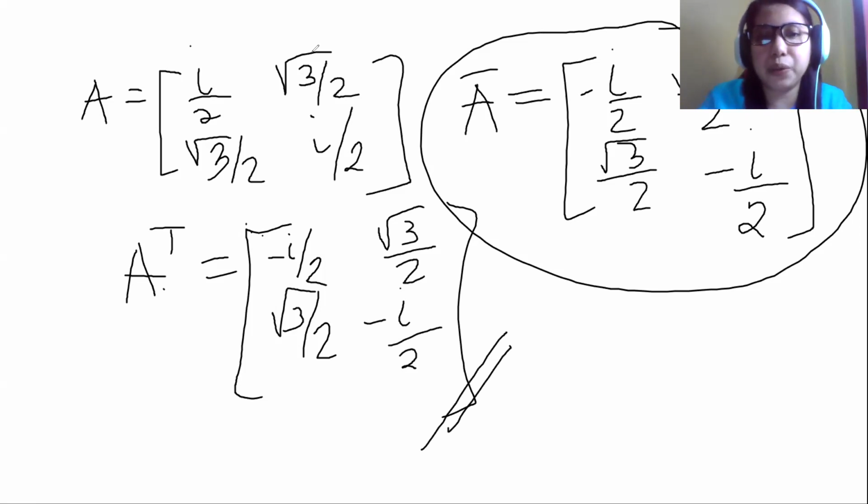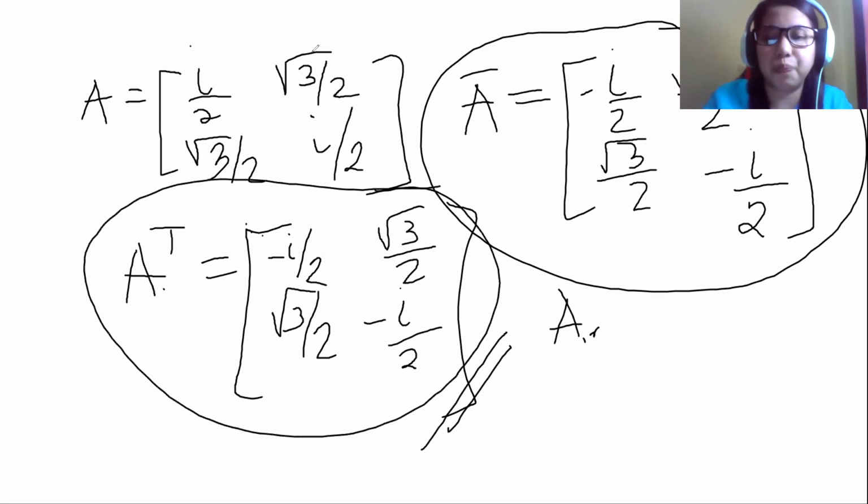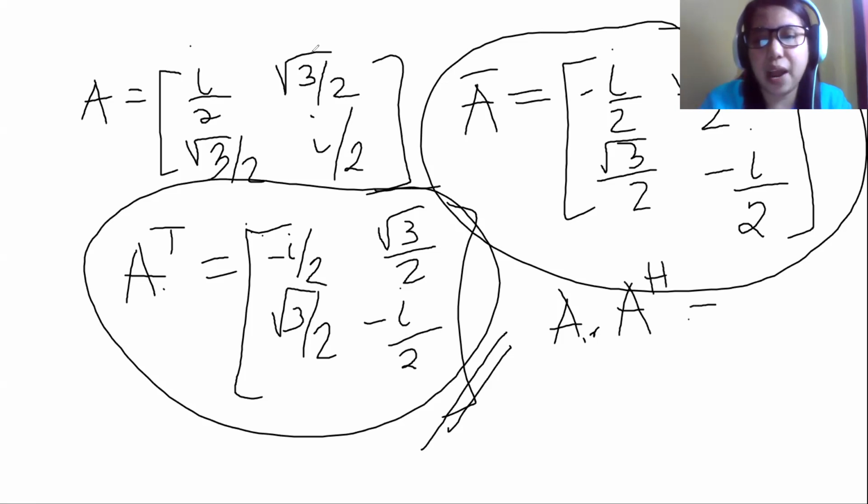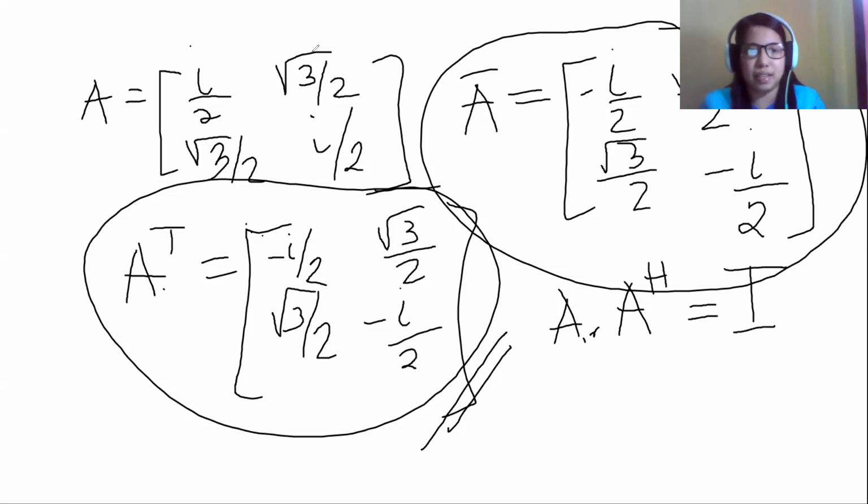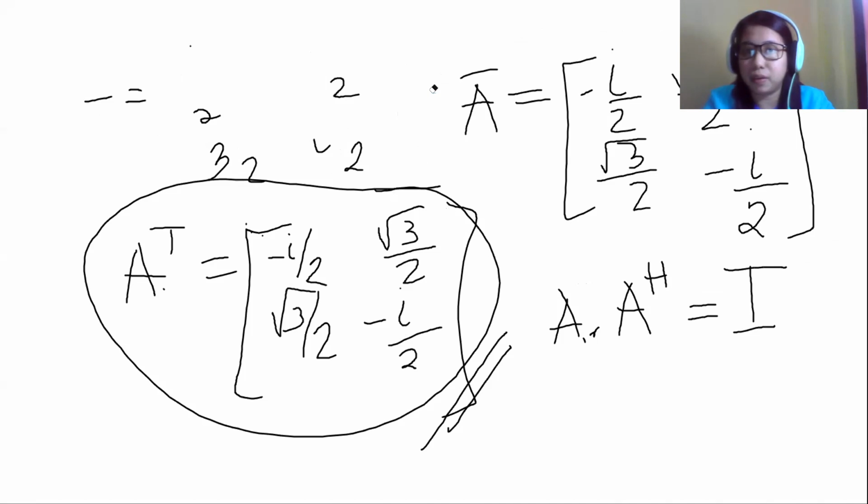So what we are going to do in the next page of our board is to multiply A multiplied by this result, so it is A times A^H, and find out if it is equal to I, the identity. Okay, so let us do that. Let us clear some parts of our board, or let us just rewrite it.